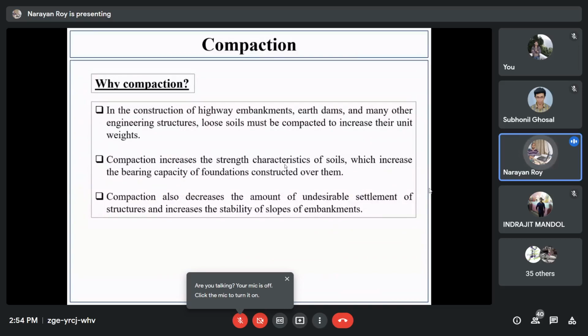Compaction helps restrict the undesirable settlement caused by the increased stress coming to the soil from the foundation. Overall, because of compaction, you can increase the strength of the soil, increase the bearing capacity, and restrict undesirable settlement. That is the reason compaction is performed.